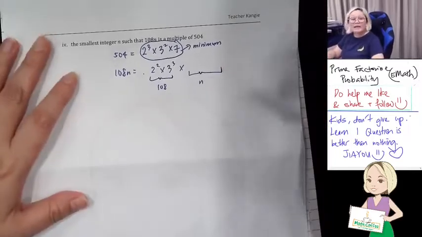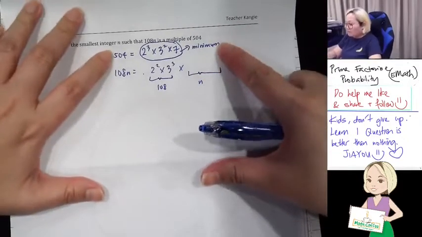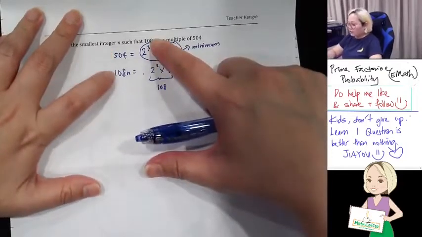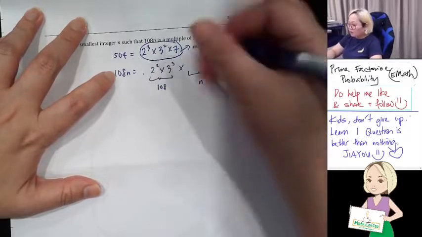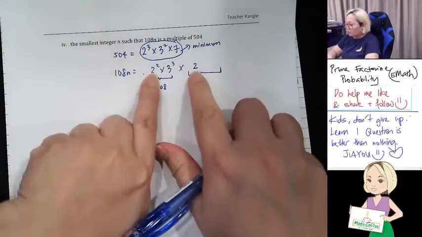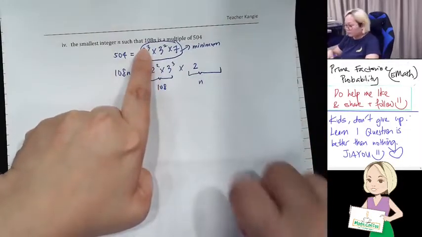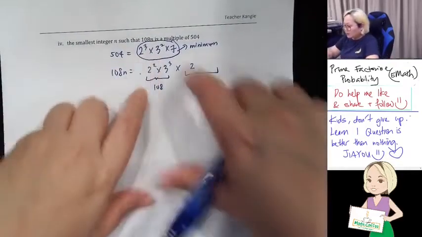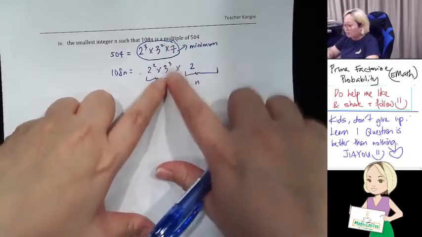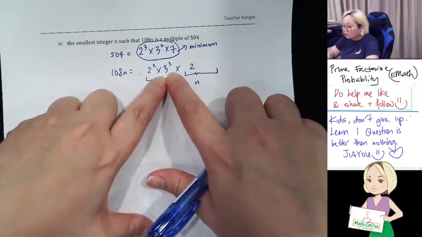So now let's analyze. I must have minimum 2 to the power of 3. Let's look at this line. Oops, I only have 2 to the power of 2, which means I need to multiply by a 2 to make it 2 to the power of 3. Then next, I must have 3 to the power of 2, but my 108 already has 3 to the power of 3.